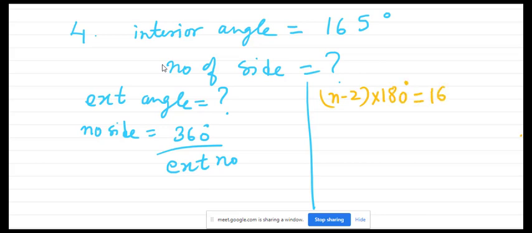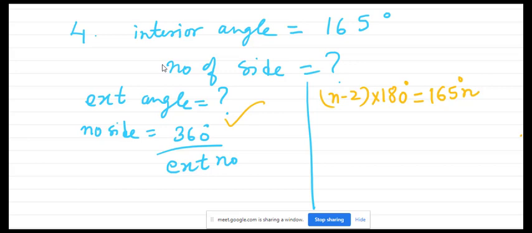So if each angle is 165 degrees, the total will be 165 into n. You can use either of these two methods, but the first will be easier: finding the exterior angle and then putting that value here.